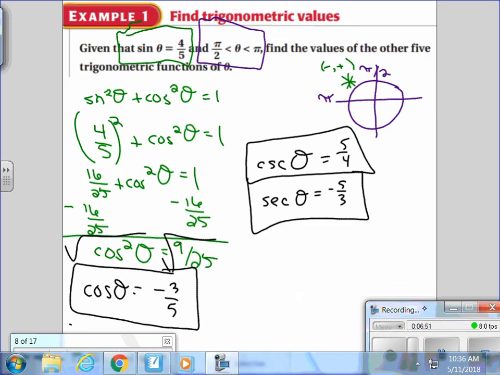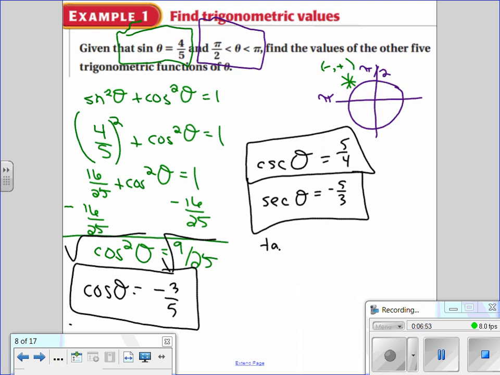Let's go ahead and talk tangent then. If you've forgotten about tangent, it's also on the paper underneath tangent and cotangent identities. Tangent of theta equals sine theta over cosine theta. So it looks like I'm going to have to take my 4/5 and divide it by negative 3/5. So you can definitely do that. Multiply by the reciprocal trick.